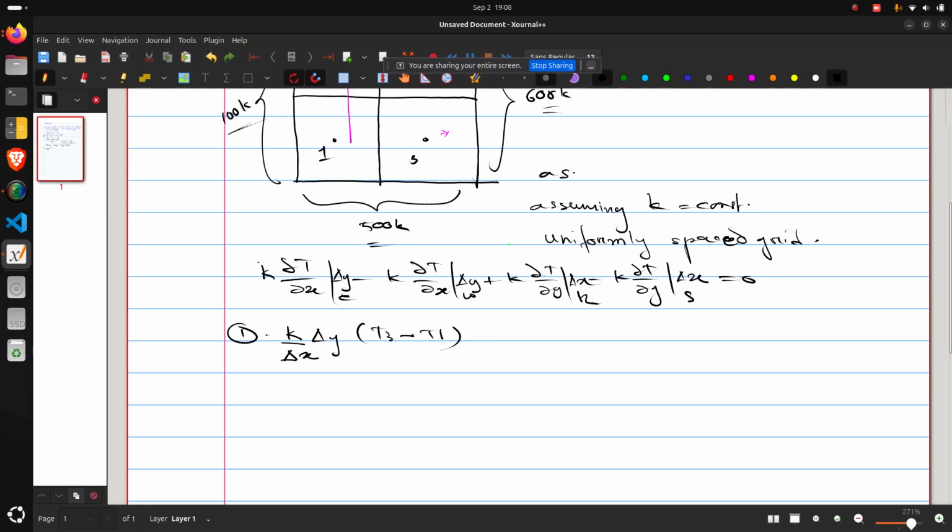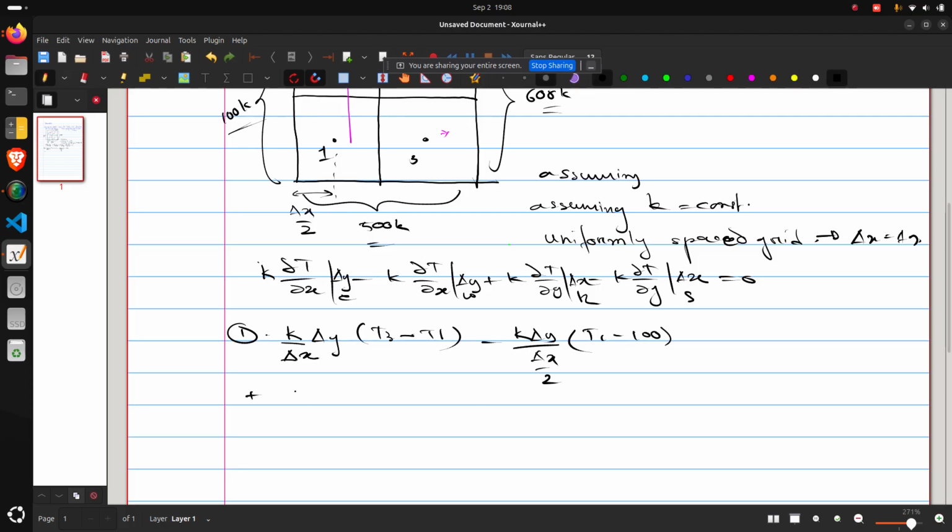And also, assuming an equally spaced grid, which means delta x will be equal to delta y, this will help us simplify the problem. Now for the west face it will be k times delta y, delta x by 2, because the distance here is delta x by 2, and here, let's straight away write 100. So T1 minus 100. Okay, so this will be negative.